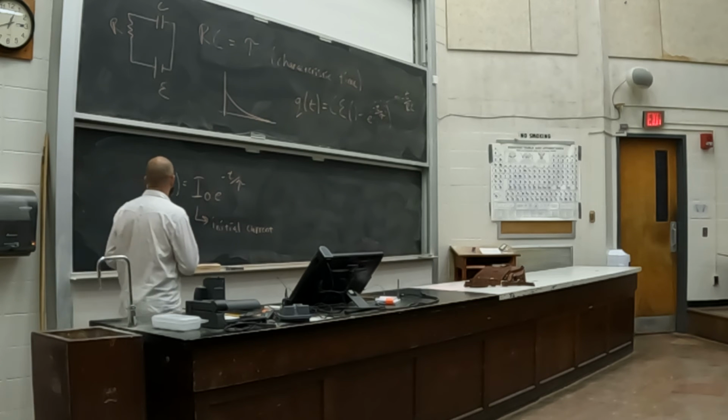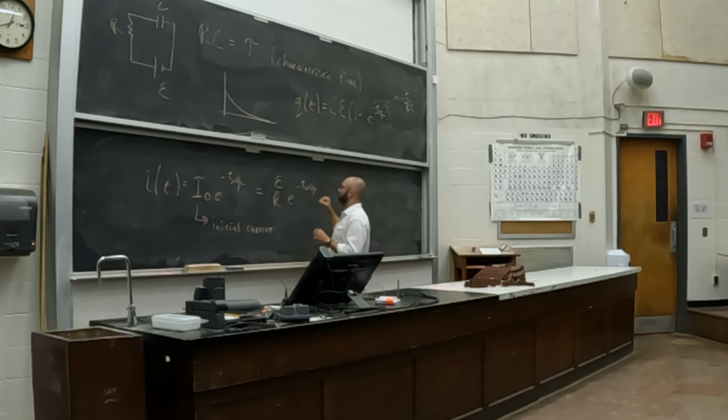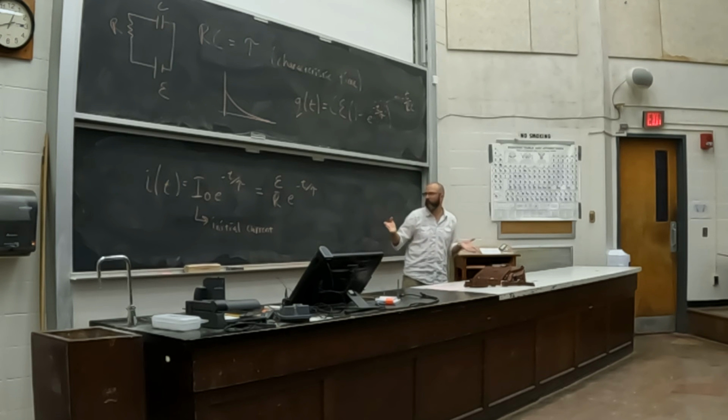Also given as, so obviously if these two expressions are equal, E over R is equal to I naught. Where does that come from?